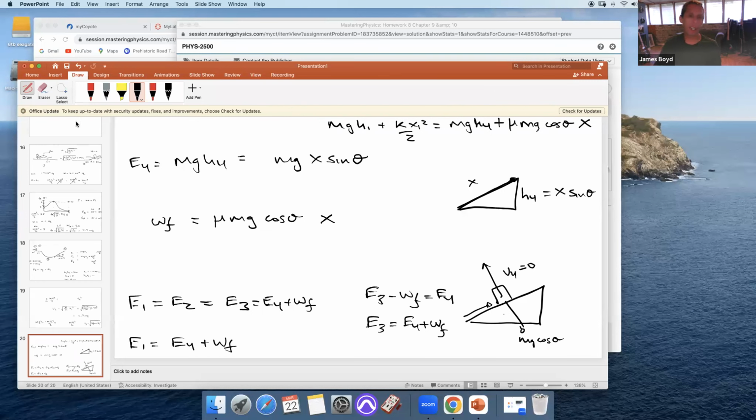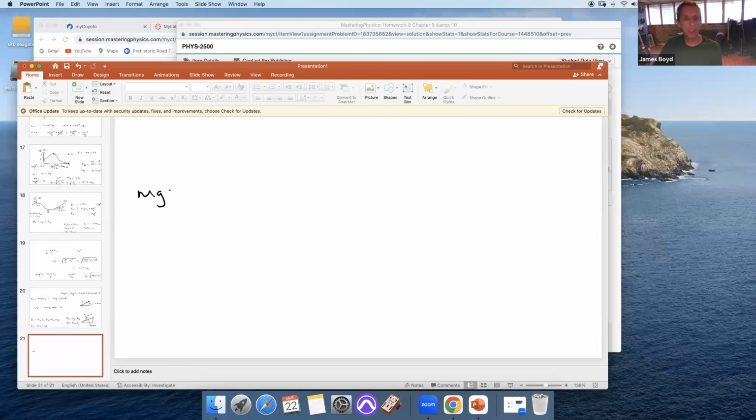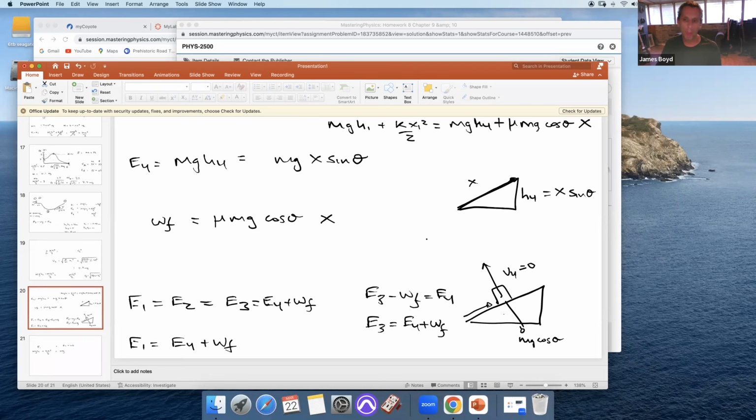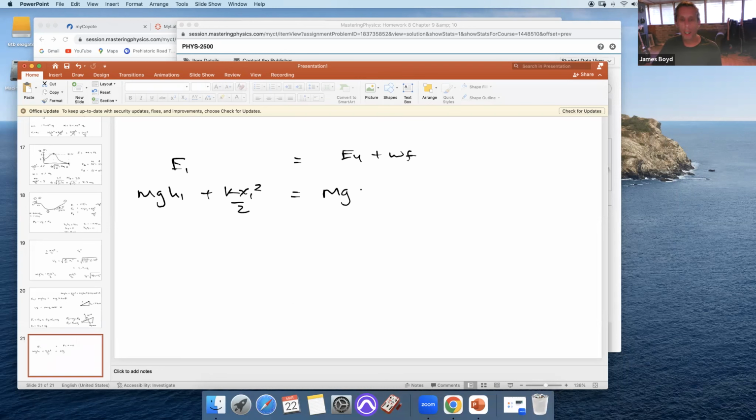We're going to rewrite this on the next page. mgh1, energy 1, is equal to energy 4 plus work of friction. Energy 4 was mgh4, but remember h4 is x sine theta, so mgx sine theta plus mu mg cos theta times x.